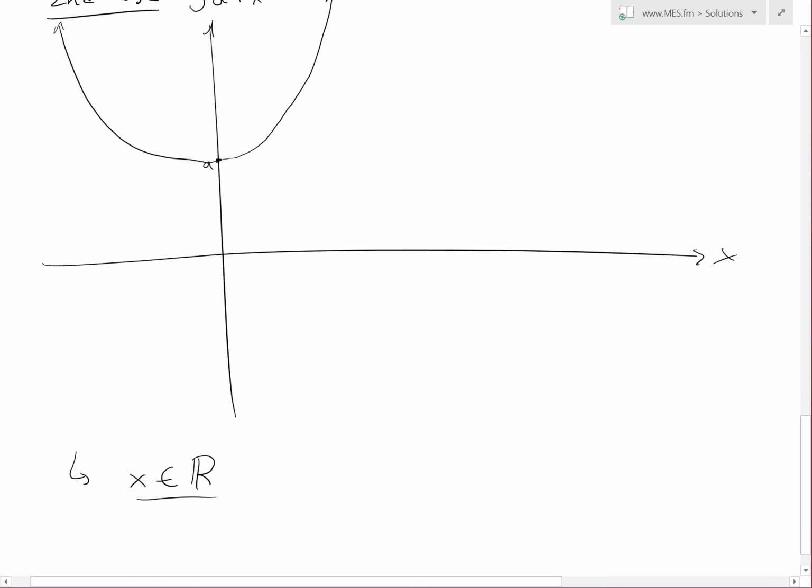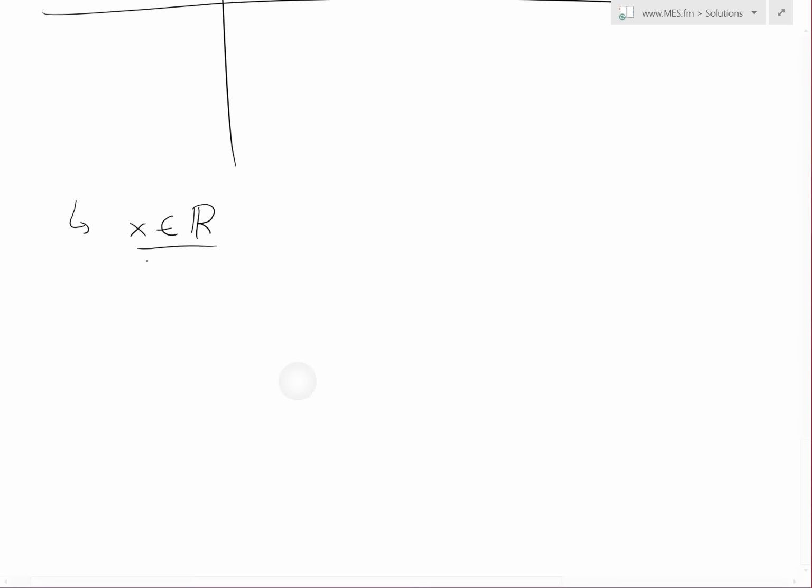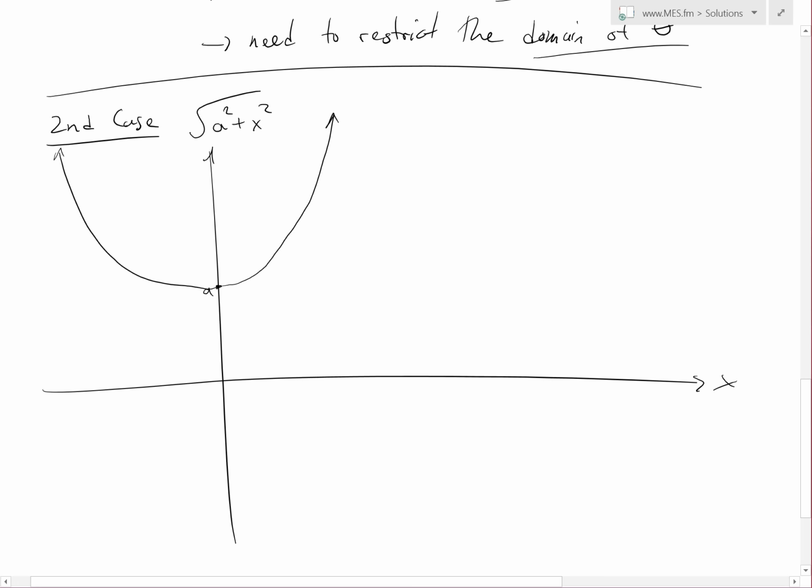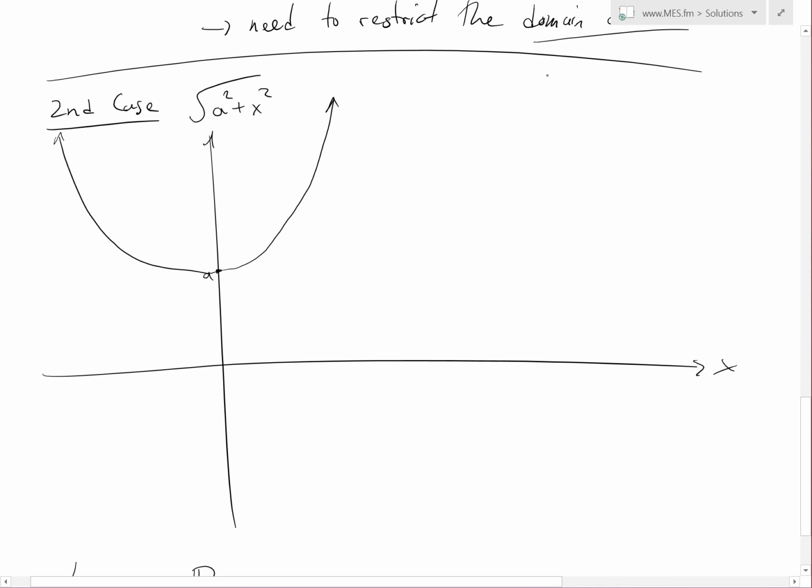When applying a trig substitution here, what's usually applied is x equal to a tan theta, and the reason for tan, I'll get to in a bit, is that it has some sections where this x can be all real numbers.